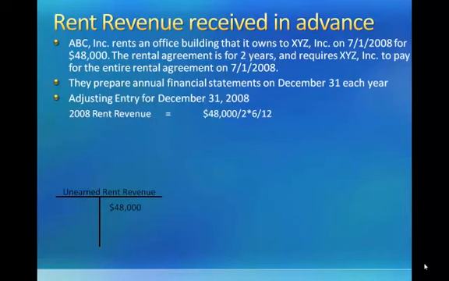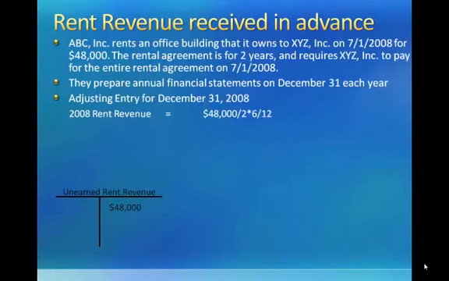But since they want to determine how much rent revenue was earned in the current year, they need to multiply that by 6 over 12 because it's only half of a year's worth of rent that they would have earned. Remember, this rental agreement was engaged in on July 1st, 2008, so they've only earned half a year's worth of rent.